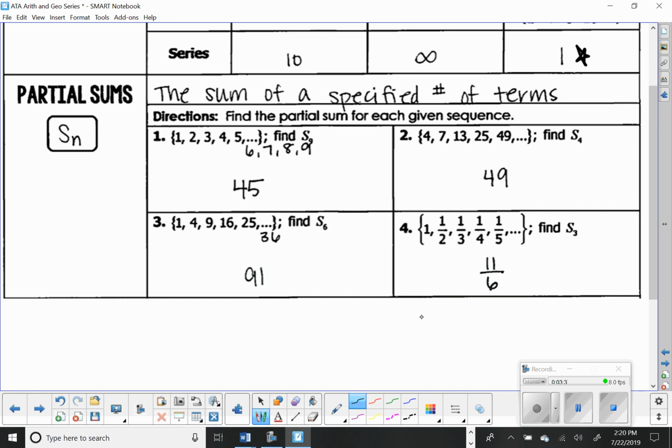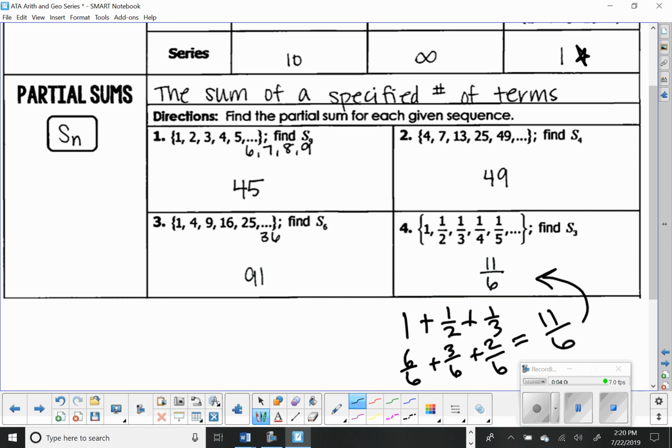If you don't, remember that you had 1 plus 1/2 plus 1/3. You need a common denominator, which is 6. So you had 6 over 6 plus 3 over 6 plus 2 over 6. 6 plus 3 is 9 plus 2 is 11 over 6. Okay? And notice I didn't have to add anything here because I was only asking for S sub 3. I don't want an infinite number, I just want a specific number.